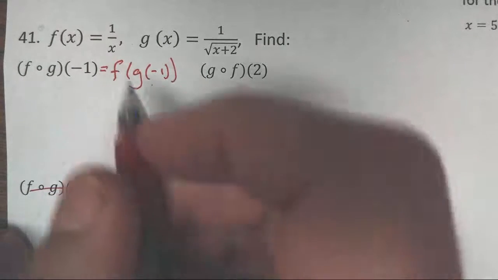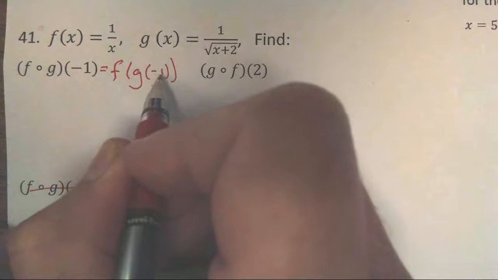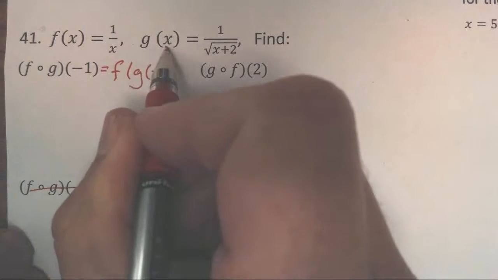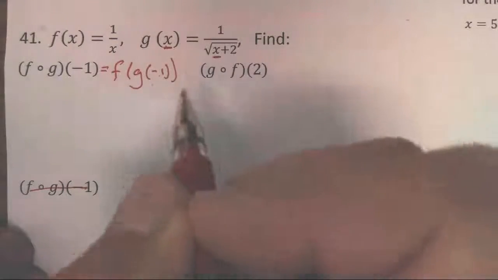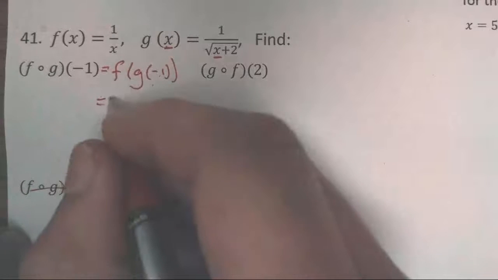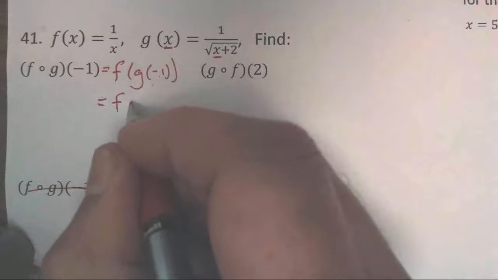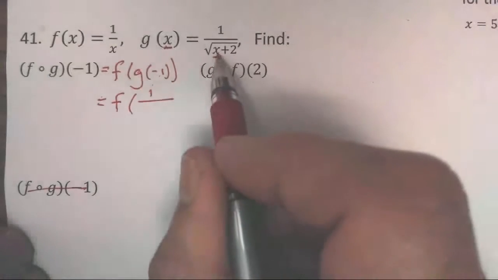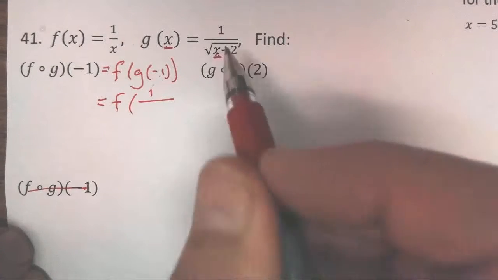In fact, I really would almost rather look at it like this because it becomes so clear to me what to do. I'd start inside the parentheses, and I'm driving -1 into this factory right here. And g is a factory that takes things and puts them right there. So that would give me f of 1 over square root of -1 plus 2.